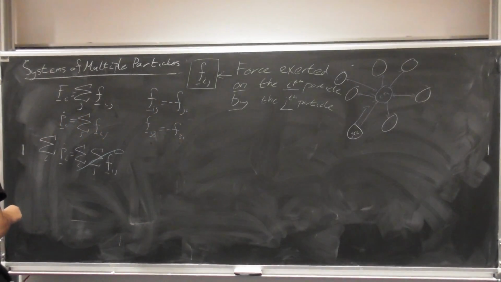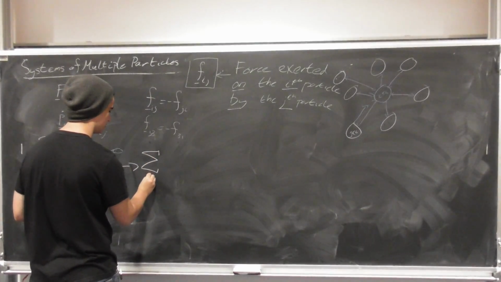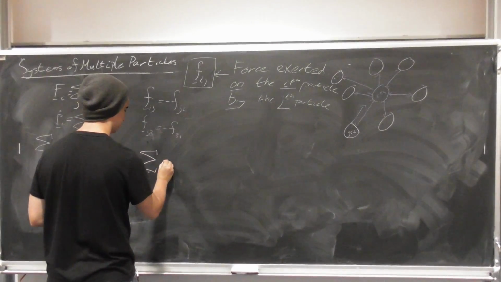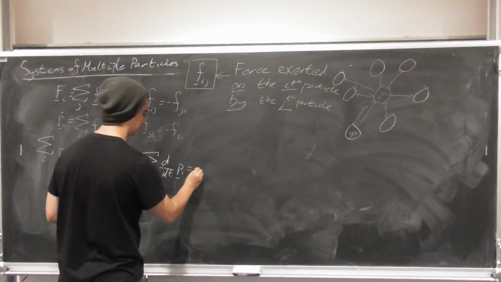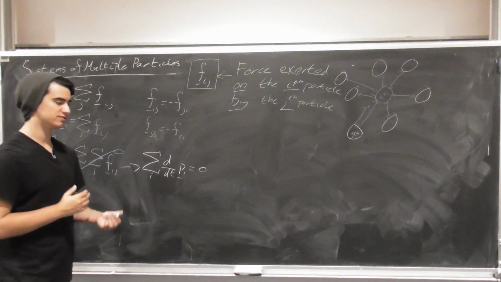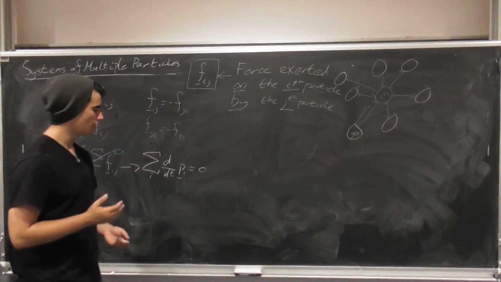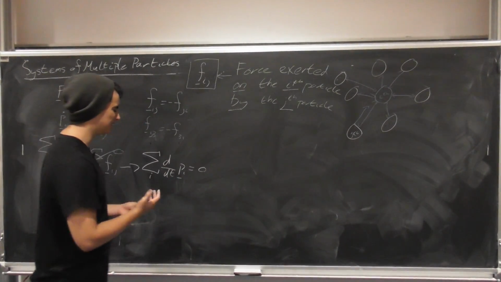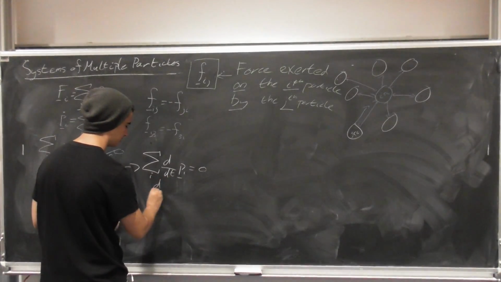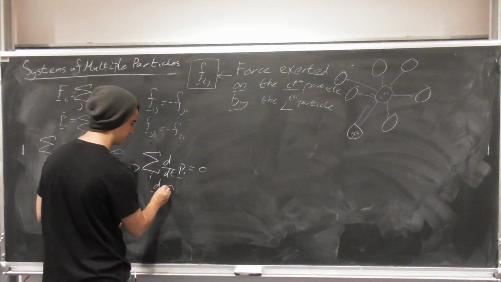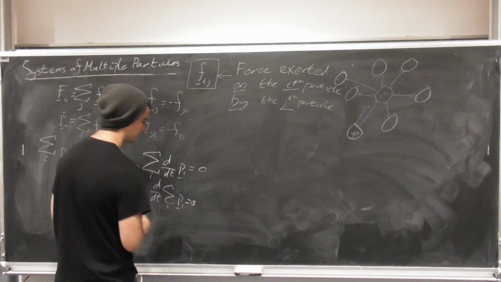And so that means that the sum over i of the time derivative of p_i is equal to 0. And as we've said before in the mathematical prerequisite section, when functions are well defined like that, we can usually swap these operators around. And so we'll get the time derivative of the sum over i of p_i is equal to 0.